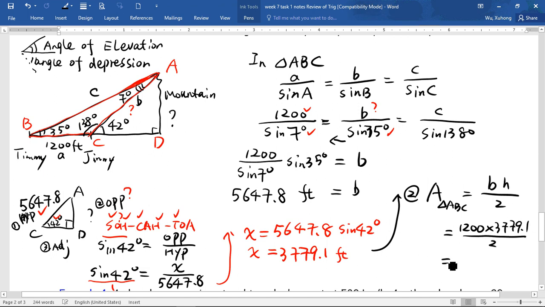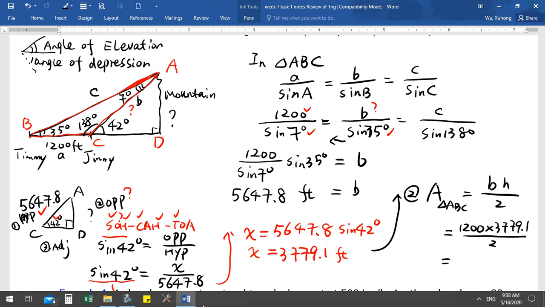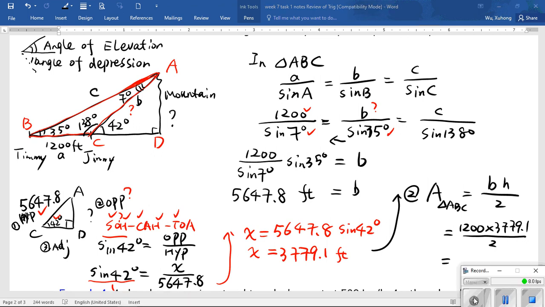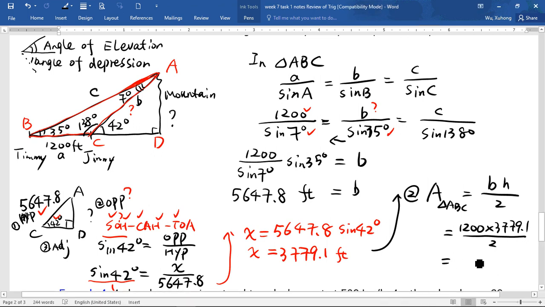Then get your calculator out and find the answer, which equals 22,674.6. No, it's 22,674,600. Yeah, it's a big number.